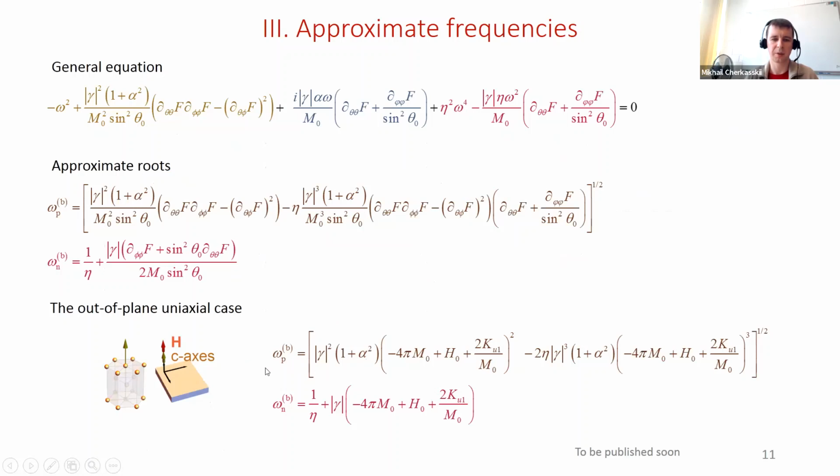For example, for the case when the magnetic field is applied out of plane for the uniaxial magnetocrystalline anisotropy case, the precession frequency is reduced with this inertial parameter. One can see the difference between the ordinary estimation of the FMR or precession frequency and this additional term with an eta factor. So we have the reduction of the precession frequency.